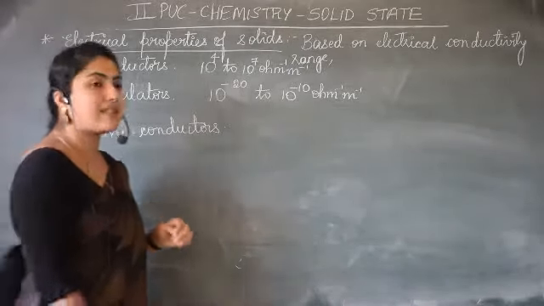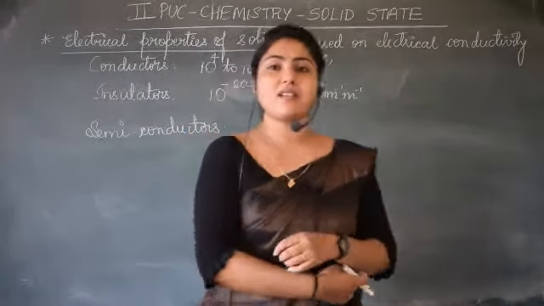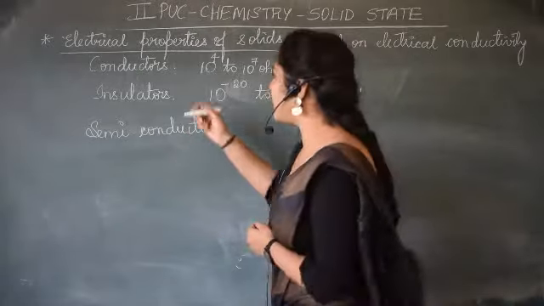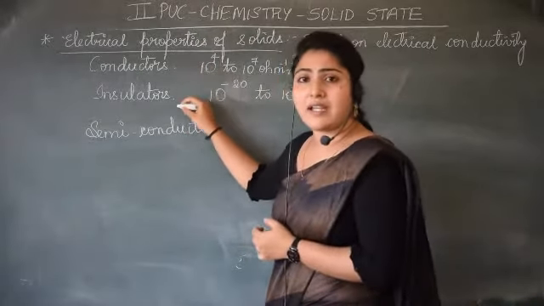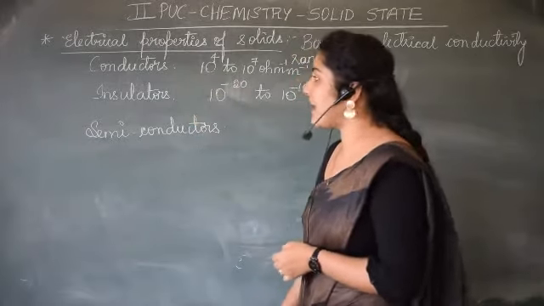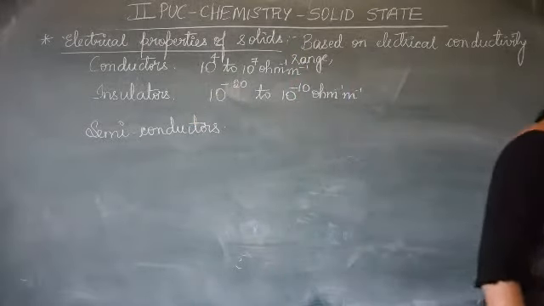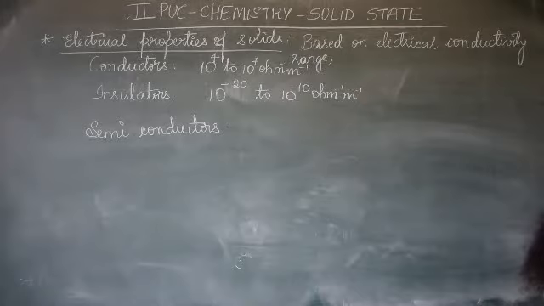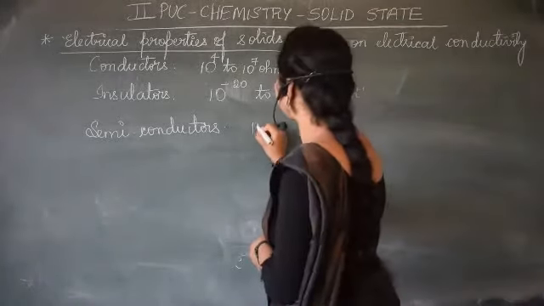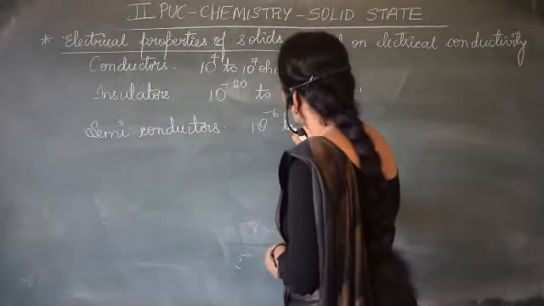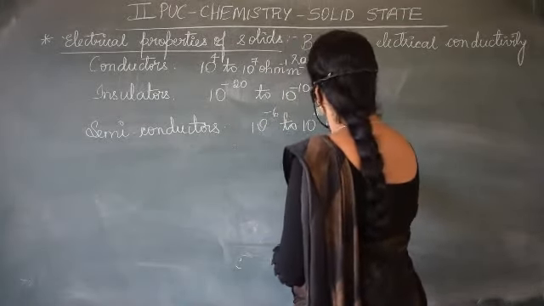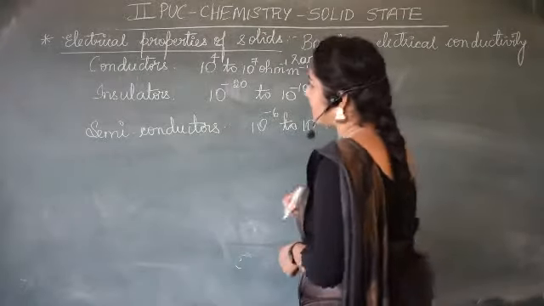Now let us see what are semiconductors. Semiconductors are those whose conductivity range lies between that of conductors and insulators. And in this the conductivity range will be 10^-6 to 10^4 ohm inverse meter inverse.